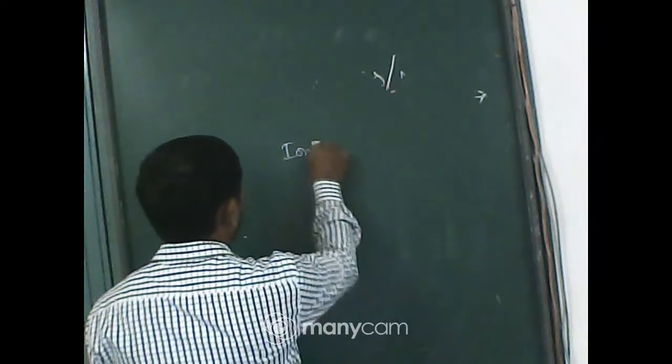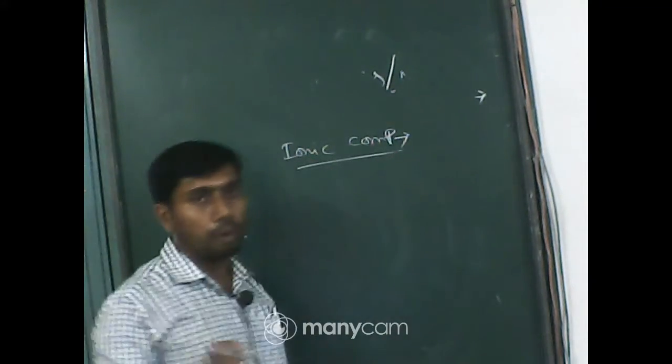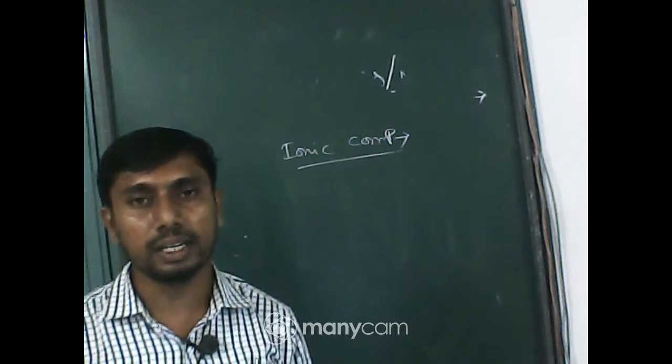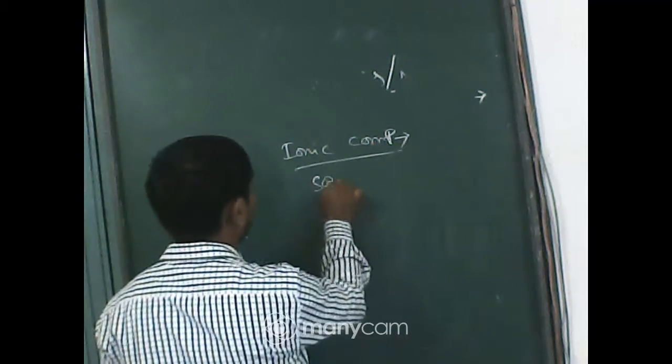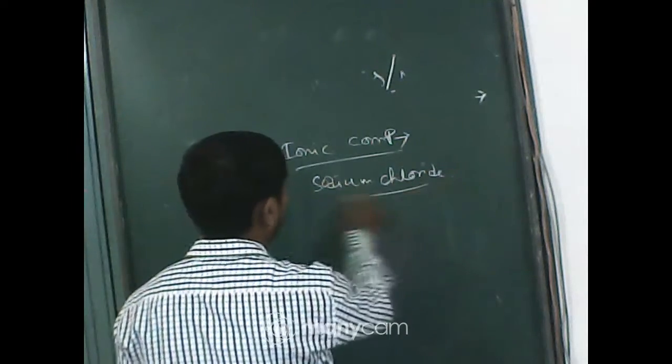Okay, so formula unit mass and molecular mass were already discussed. What is formula unit mass? It is used for ionic compounds, where there is no definite bond length and it is only due to electrostatic interaction. For example, sodium chloride is an ionic compound.